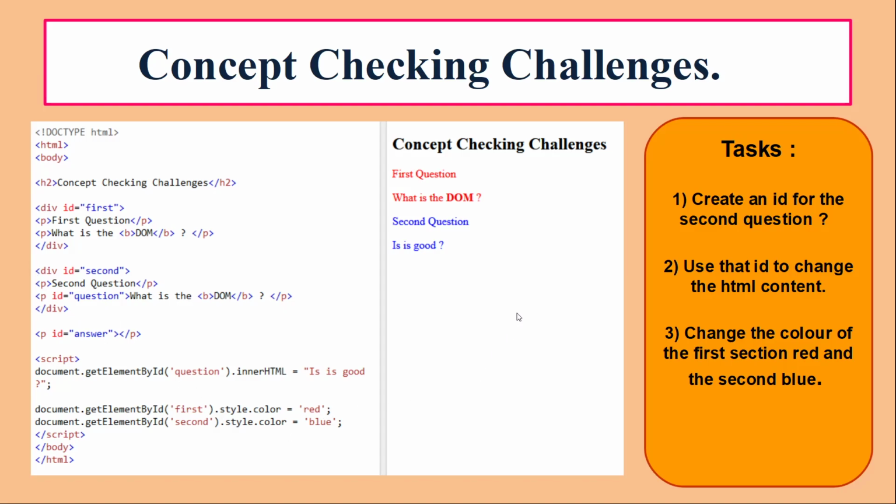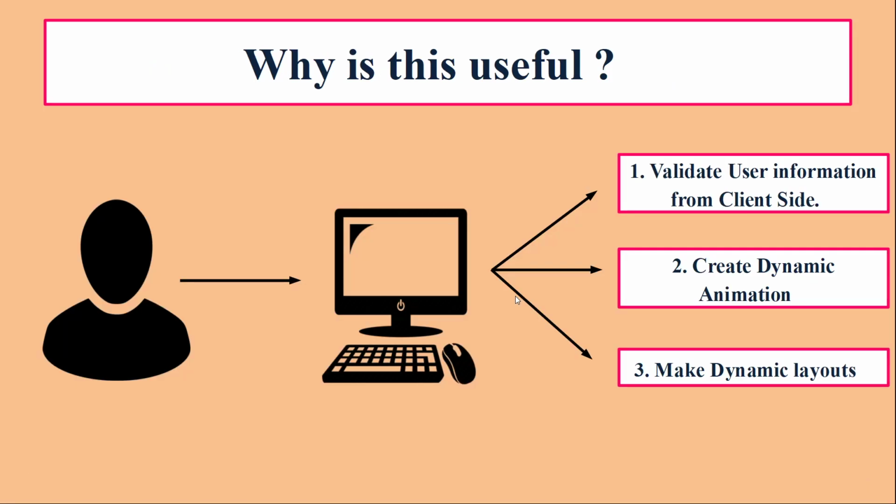So hopefully you can start seeing how you use the DOM, the document that the HTML has produced, to grab information from that HTML and then interact with it. I mean, this is very basic, but what you can do is validate user information from the client side. So if the user of a website enters information, you can actually validate that information before they click the button.